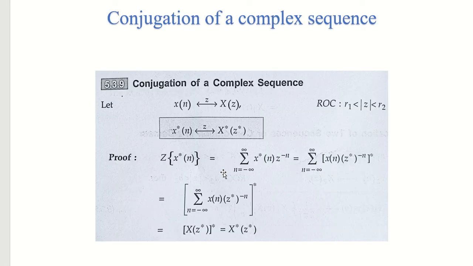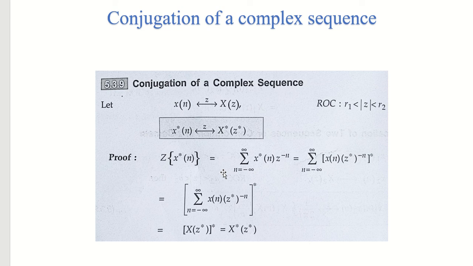Now let's see the next property, which is conjugation of complex sequences. In this we are simply going to take the conjugate of my original sequence, the conjugate of my original signal.